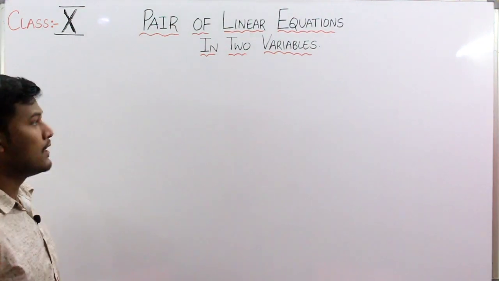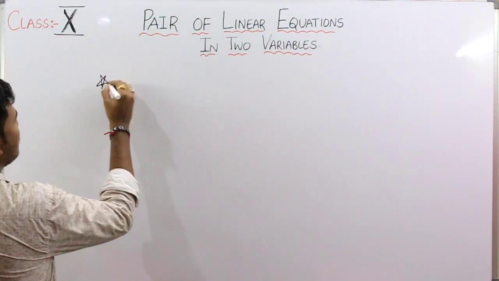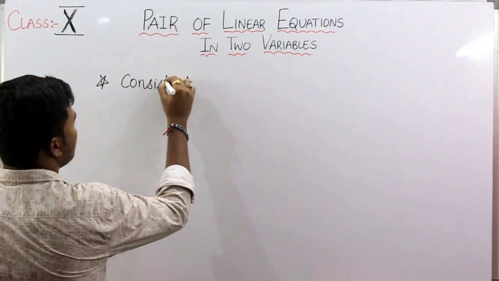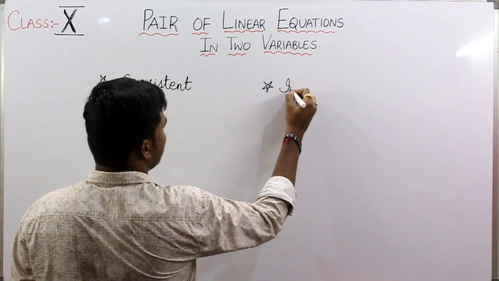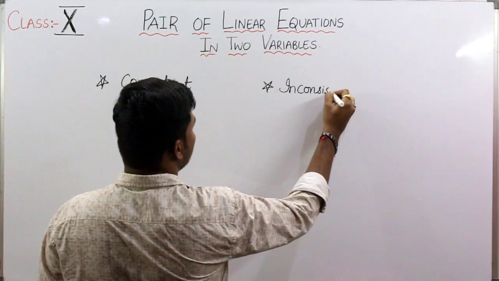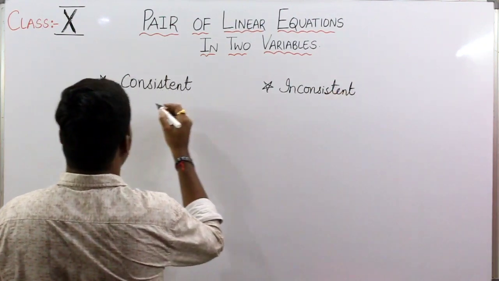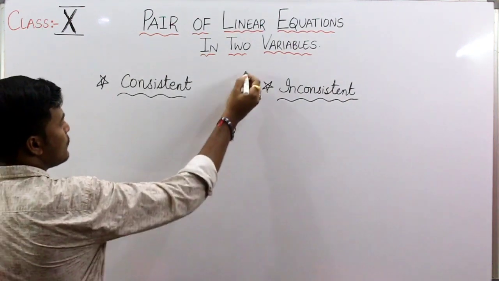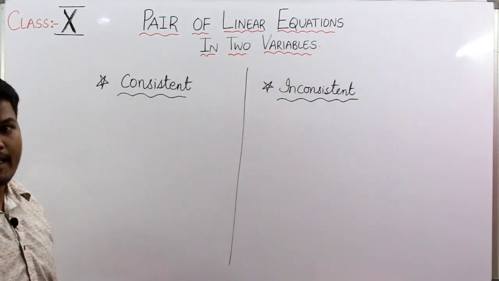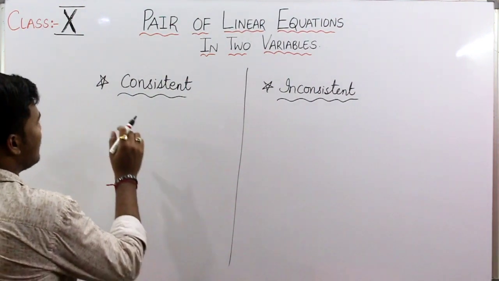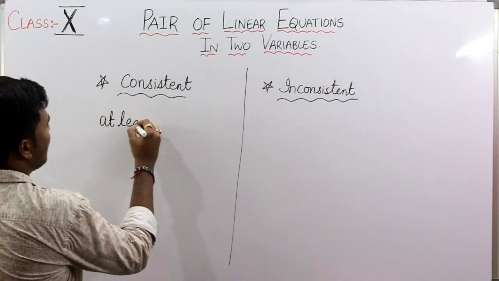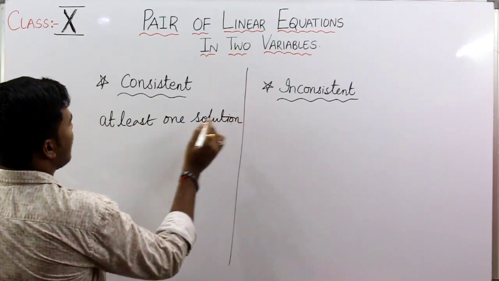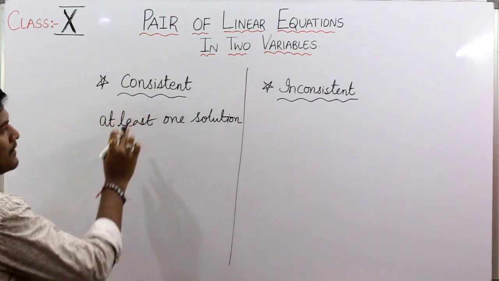Now let us see two types of solutions: one is consistent and the second is inconsistent. What do we mean by consistent and inconsistent? If a pair of linear equations has at least one solution, then it is called a consistent solution or consistent equation.